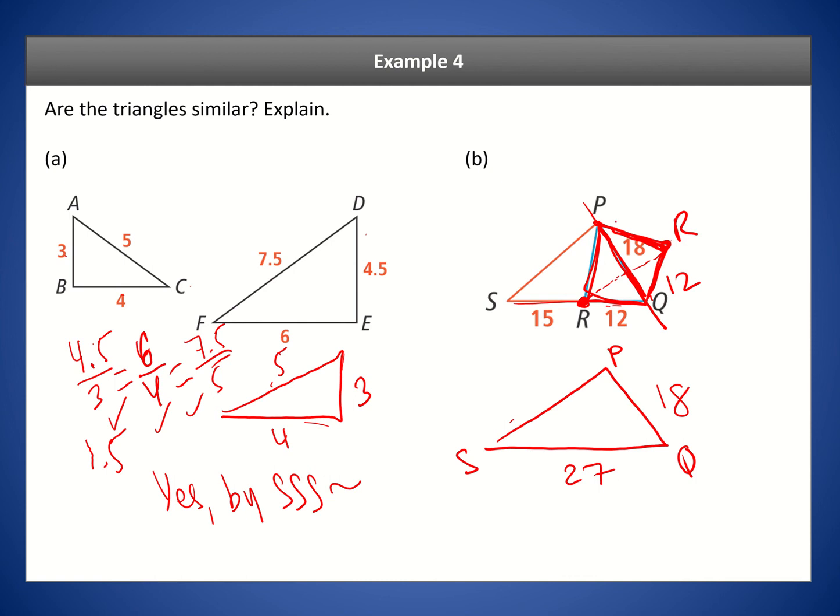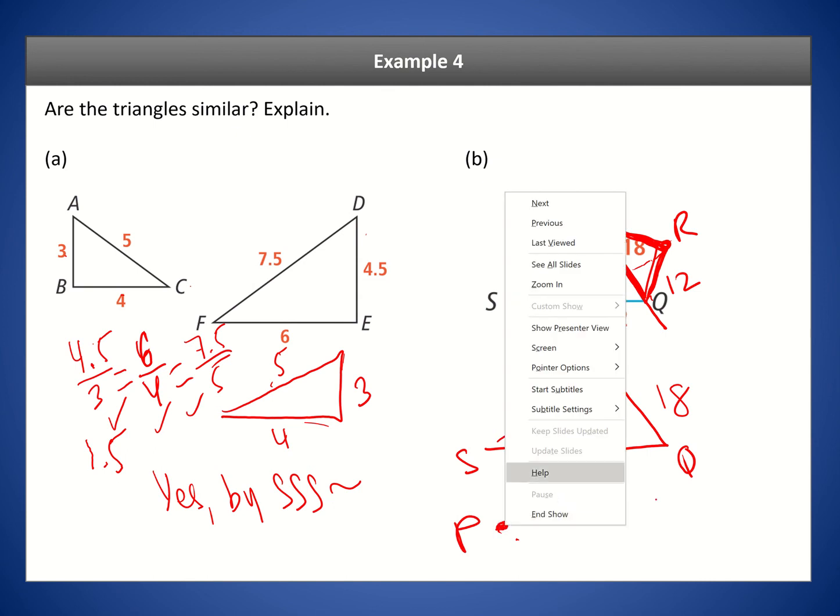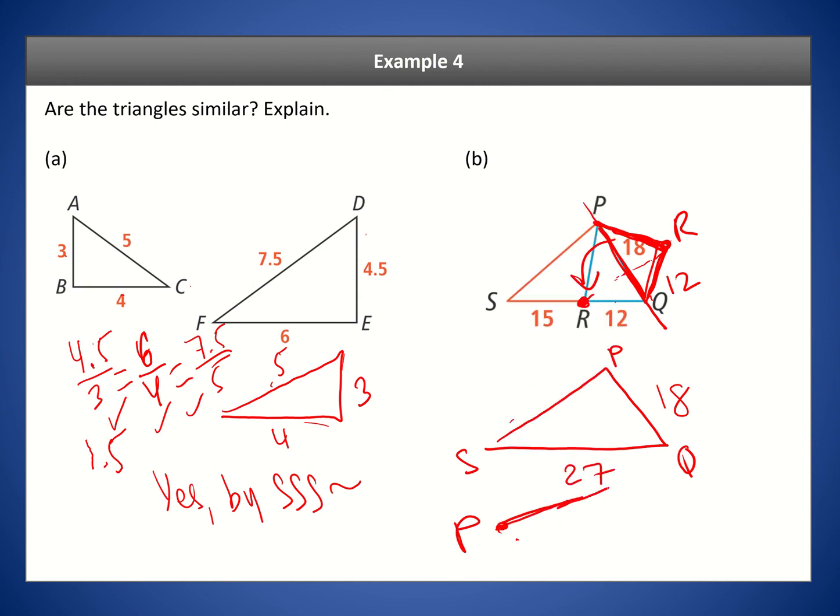All right, so now if I take this triangle, the one in red now, and I rotate it this way, then I'll get one that looks like this triangle, and I'll draw it down below here. So we have this point, which I'll call P. We have R, and we have Q. That's the smaller triangle. It's supposed to look a lot smaller than that, but you get the idea.